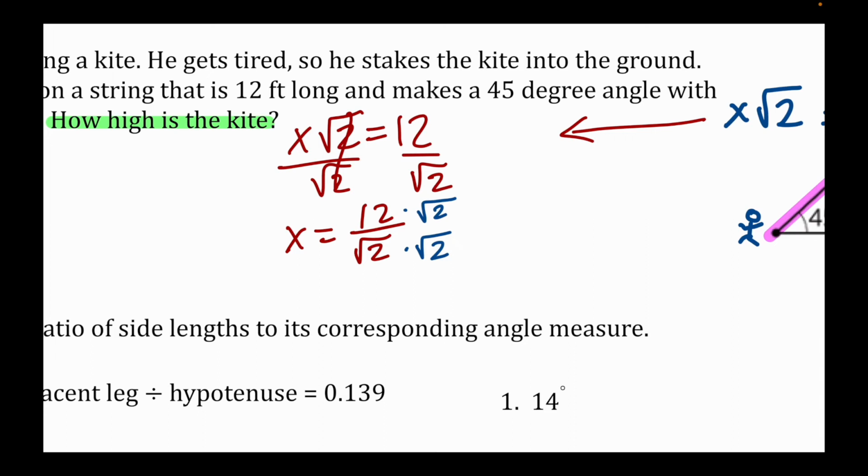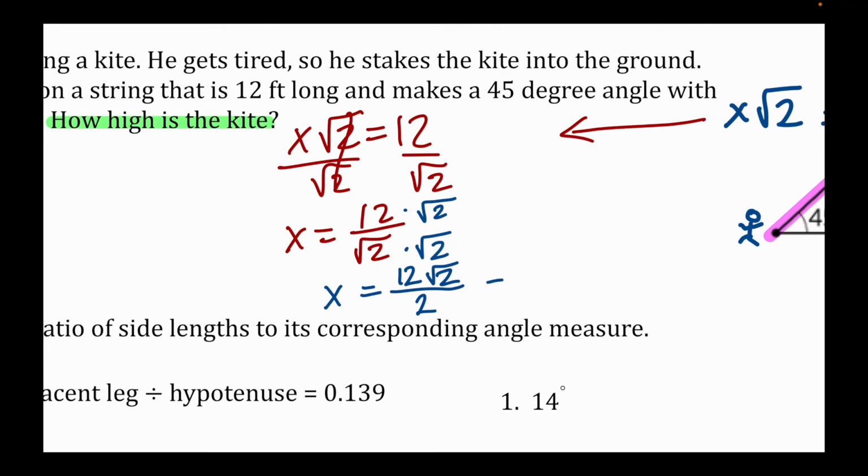So we do that by multiplying by the square root of 2. We can't multiply just one side of our equation by something, so we're going to multiply the numerator and denominator, and that's how this expression is going to keep its same value. So this would then become 12 square root 2 at the top, and the denominator is just going to become the whole number 2.